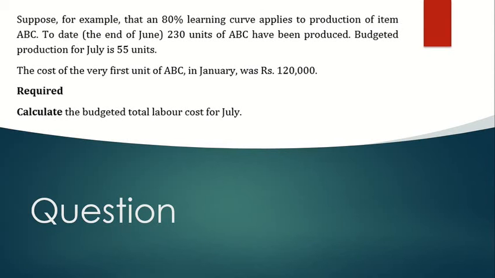End of June will be the beginning of July. In July we are going to produce 55 units, which means at the end of July our cumulative output will be how much?